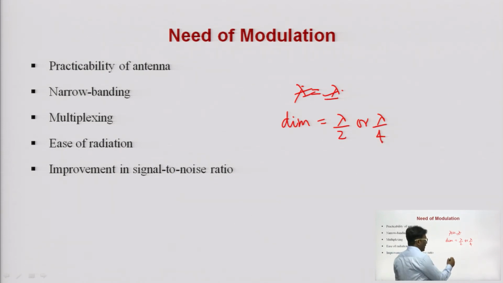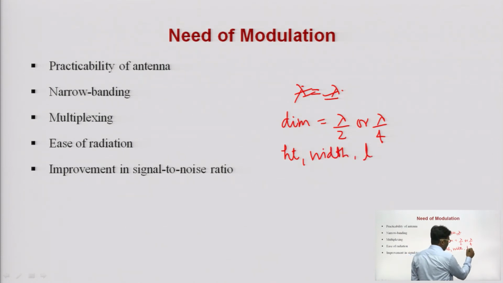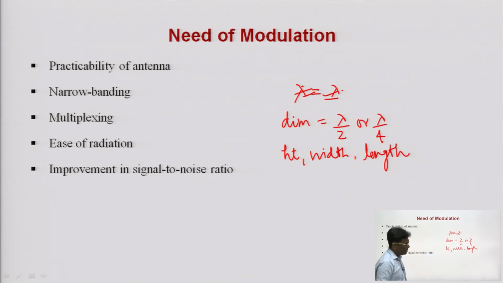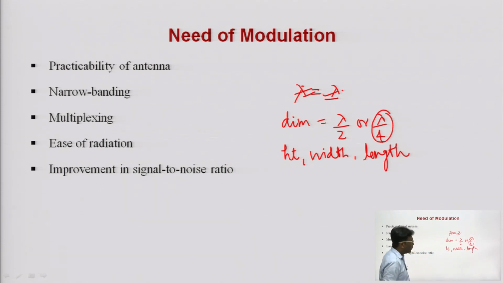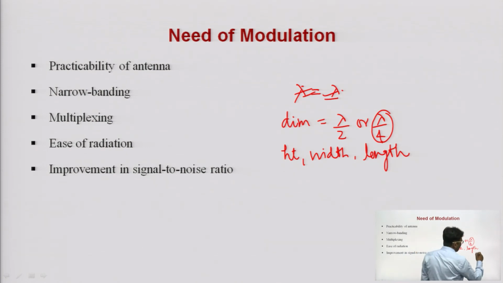Suppose we take the dimension, meaning the height, the width, the length, these are the dimensions of the antenna. So, these length, width, height must be in terms of lambda by 4, where lambda is the wavelength we transmit during the transmission.